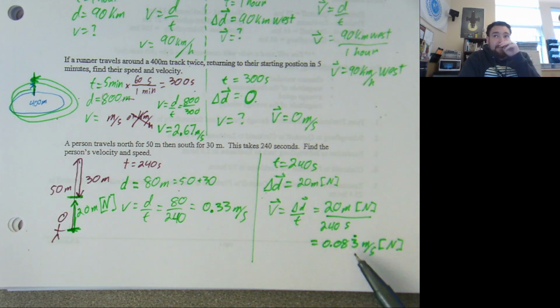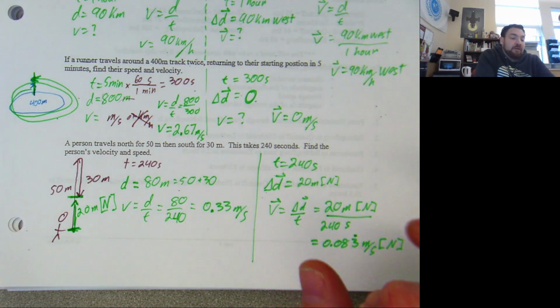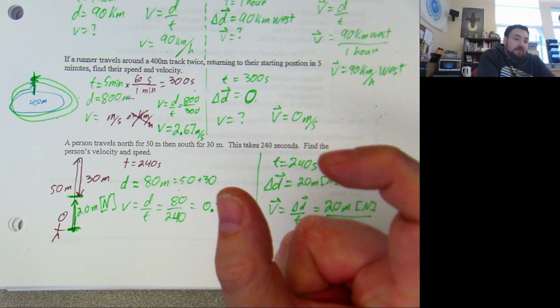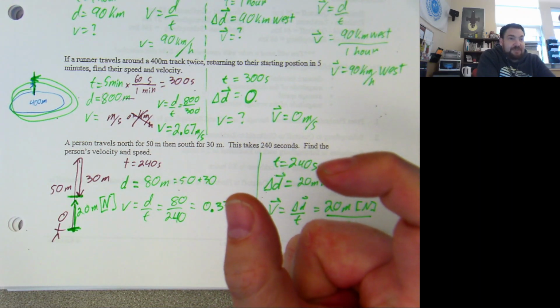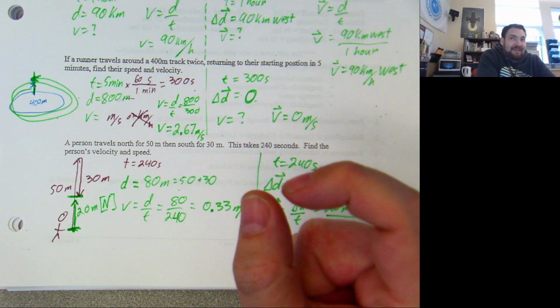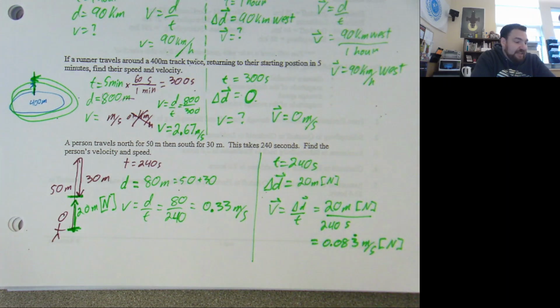This is actually a lot more meaningful, because 0.08 meters is what? 8 centimeters. Person's moving this far. On my paper it looks more realistic. On the screen it looks really big. That far every second for 240 seconds is going to get them to cover the 20 meters.